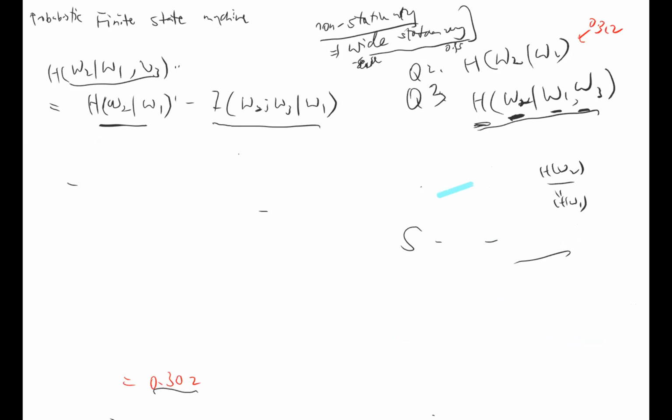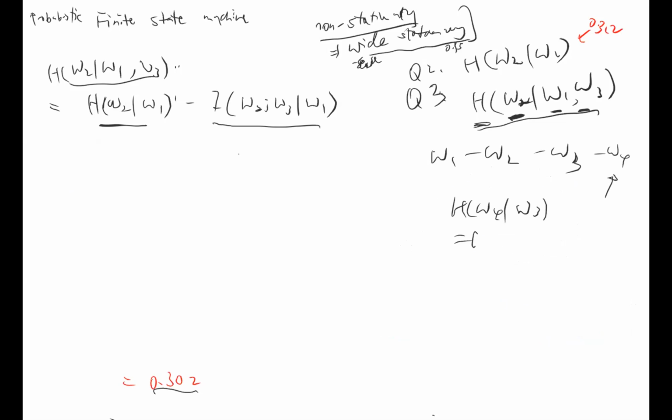So basically when we have a Markov chain here, I have W1, W2, W3, and so on. So I have a Markov chain like this. Let's say I try to predict W4. My prediction of W4 given W3, because of the Markov property, will be just the same as W3 given W2.